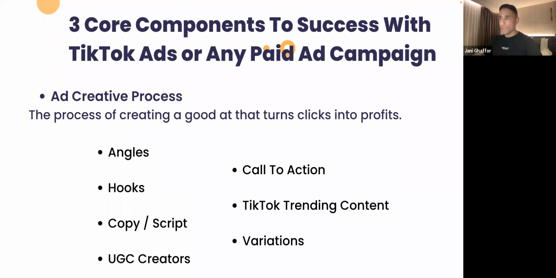TikTok ads work best with something called user-generated content. So ads that look like a native TikTok video versus an ad. The call to action, then implementing the TikTok trending content or the TikTok style so it looks like an actual TikTok video.